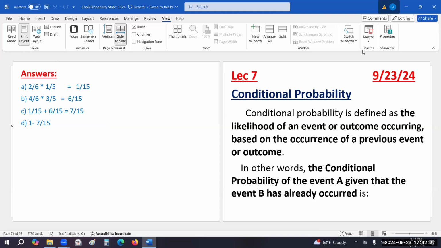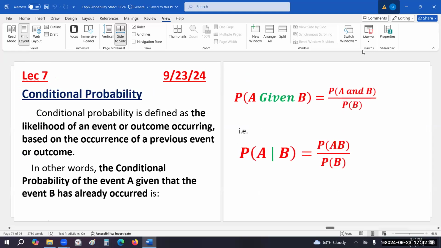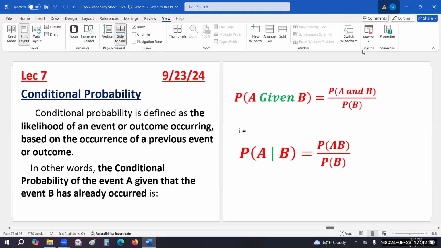Conditional probability is defined as the likelihood of an event or outcome occurring based on the occurrence of a previous event or outcome. In other words, the conditional probability of the event A, given that the event B has already occurred, is probability of A given B equals probability of A and B divided by probability of B.